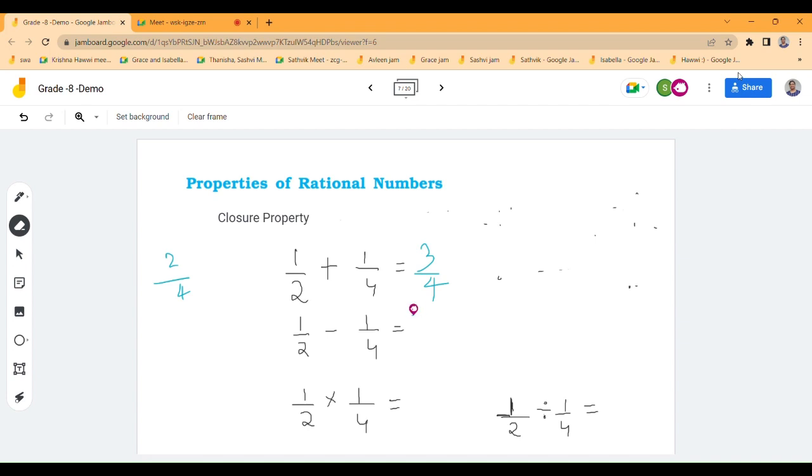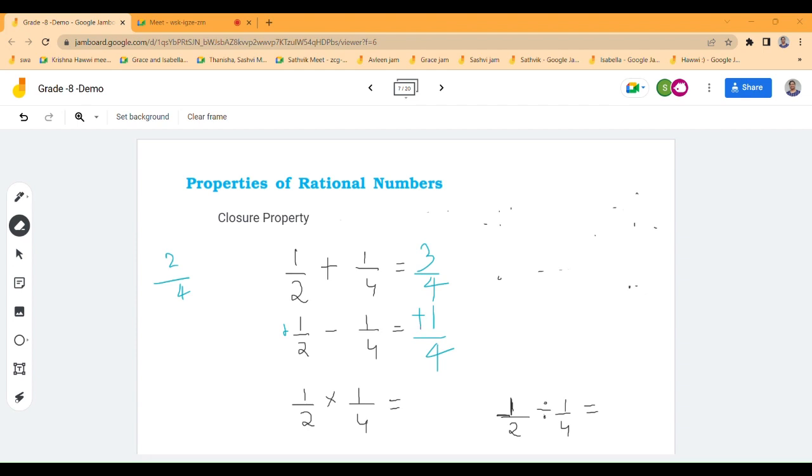You can try the second one. The second one is 1 by 2 minus 1 by 4. Positive or negative? Ma'am, it's positive. 1 by 2 minus 1 by 4 is positive 1 by 4.